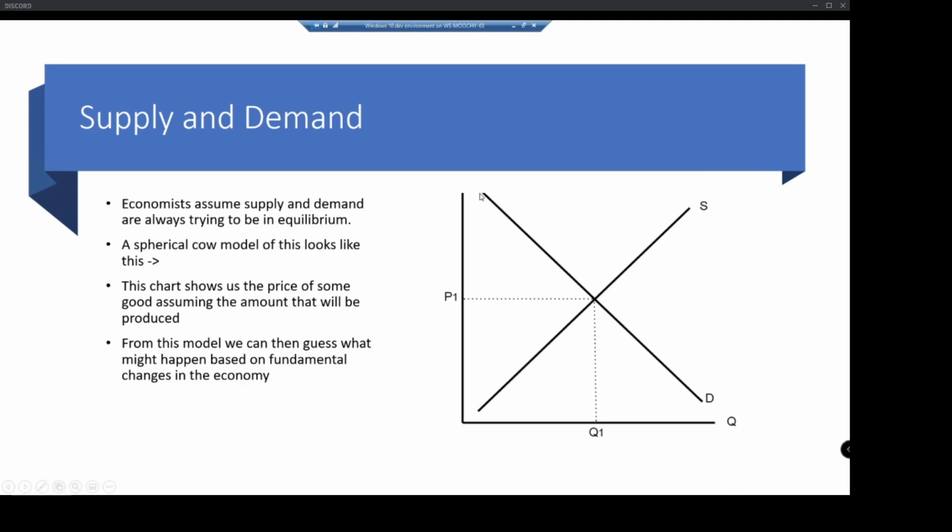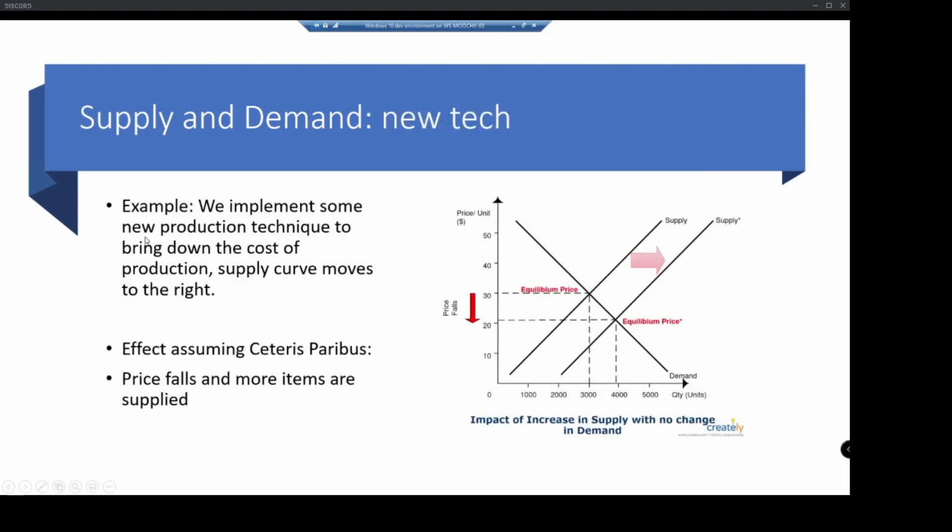What you have is a demand curve, that's the demand curve there, and this is a supply curve. From this, you can assume this is the quantity that will be supplied at that price, or this is the quantity that will be demanded at that price. We can then use this graph to look at what happens to prices and quantity in certain scenarios.